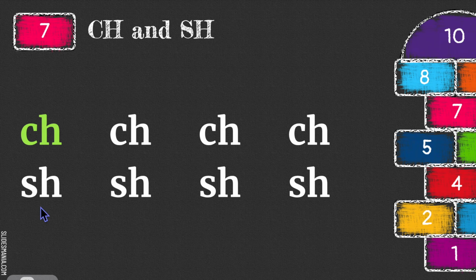This is because English only has 26 letters, but we have far more than 26 sounds. So we need to use combinations of letters to represent sounds. Think of SH and CH as letters that are glued together. So SH always says sh.